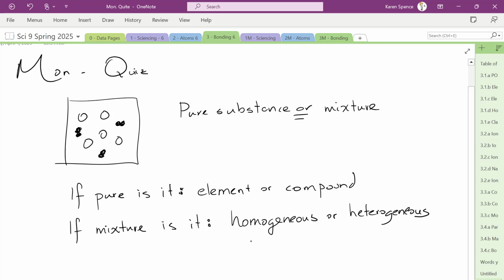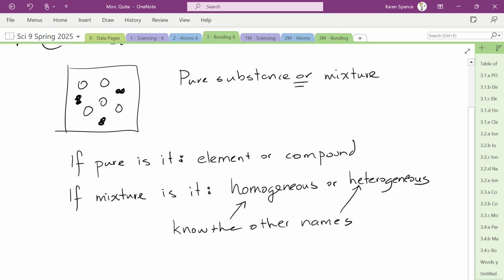And you should also know the other names for homogeneous and heterogeneous mixtures. Do you know the names? Homogeneous mixture? Homogeneous mixture is the same as a solution.